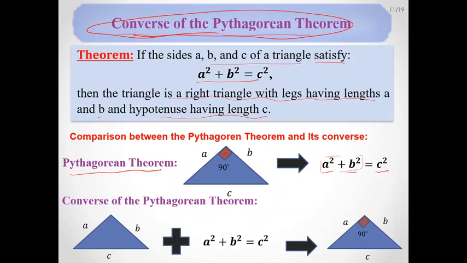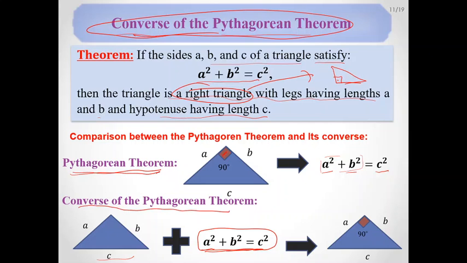So if someone doesn't tell you if it is a right triangle or not, you can directly check this one. If someone gives you a triangle and says, is it a right triangle? You can directly check this equality and say, yes, there is 90 degrees in it. So it's a right triangle. Anyway, this is the difference between the Pythagorean and the converse Pythagorean.